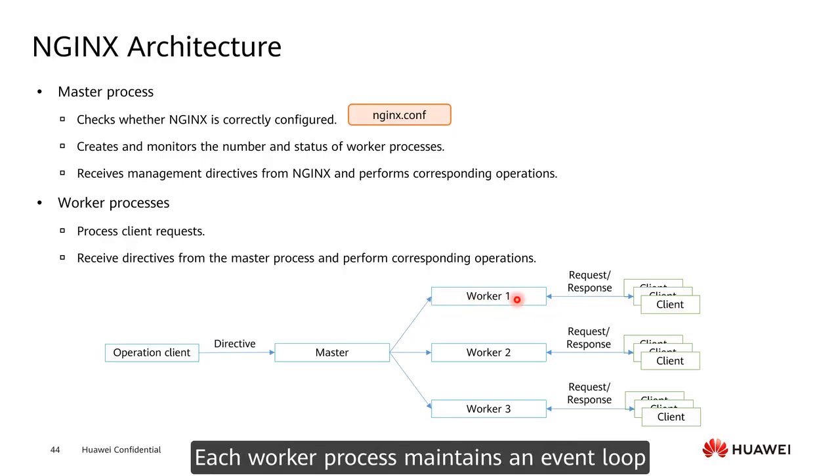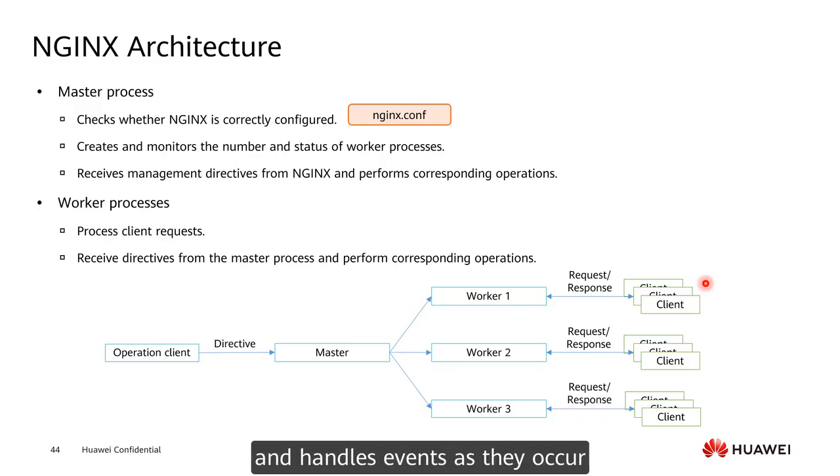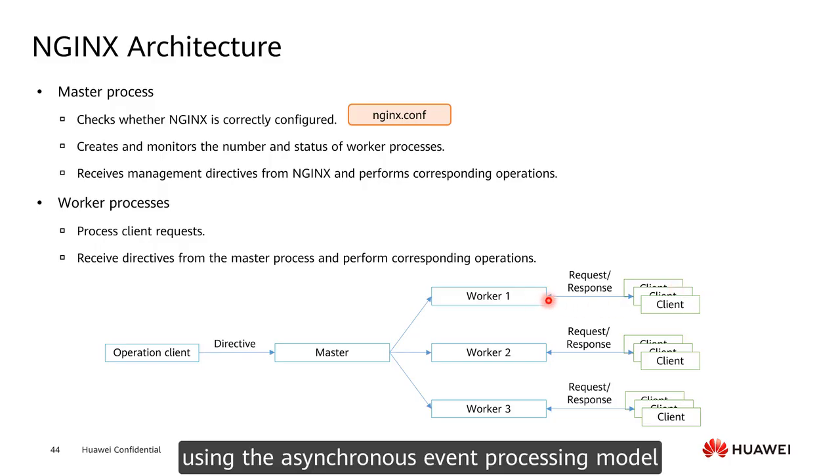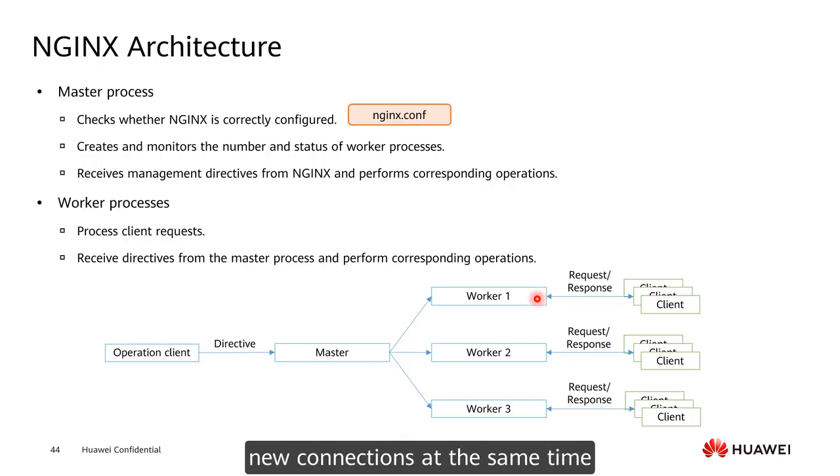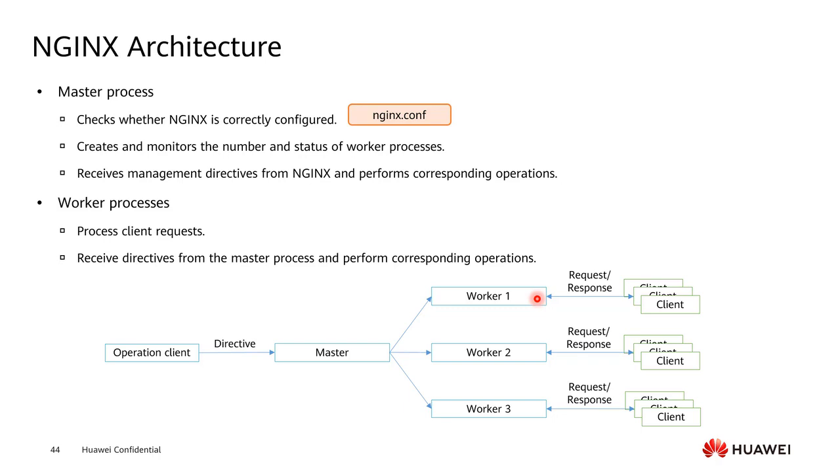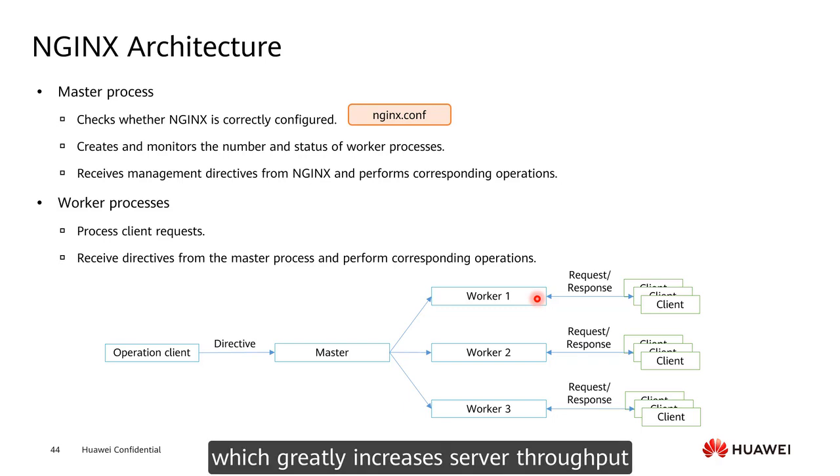Each worker process maintains an event loop that listens on the specified port and socket and handles events as they occur. Using the asynchronous event processing model, the worker process can receive and process new connections at the same time as it processes a request, which greatly increases server throughput.